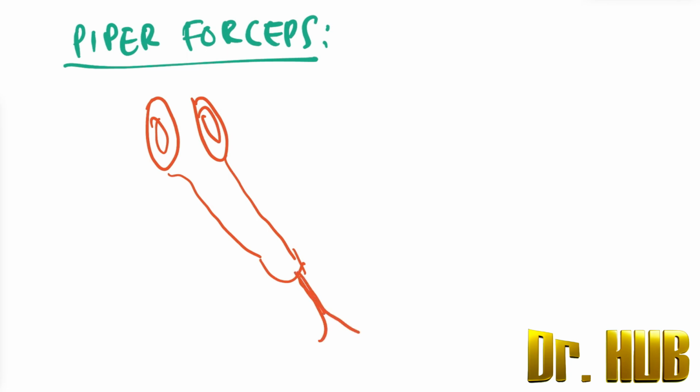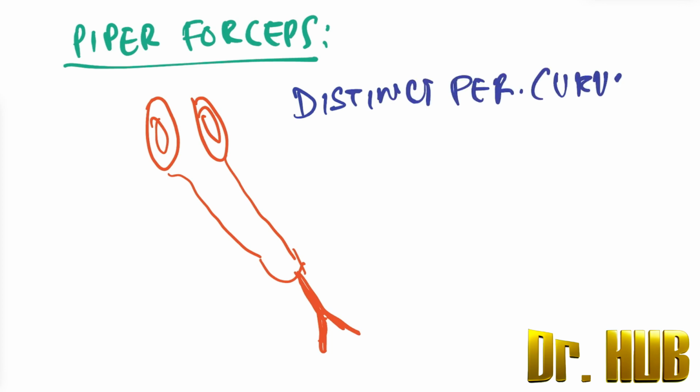This is how the Piper forceps looks. They have a distinct perineal curve, and it allows application to the after-coming head in breech presentation.